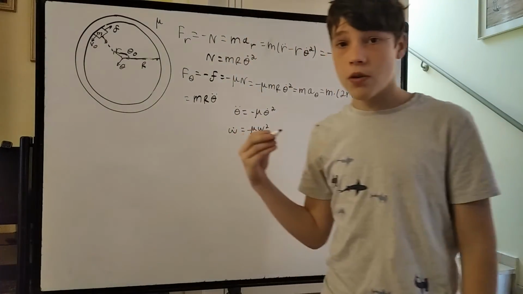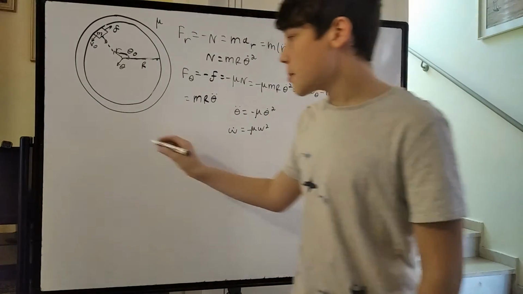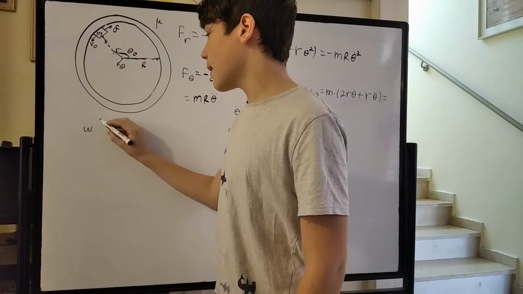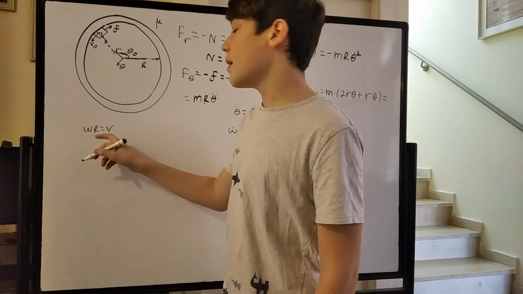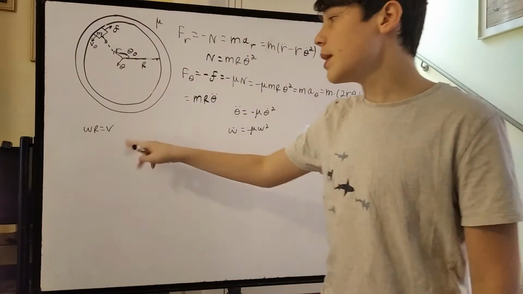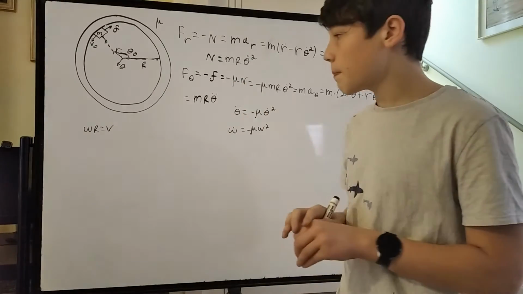But we know from the formulas of polar coordinates, omega times r is equal to v. Omega, the angular velocity, r, the radius, v, the linear velocity.